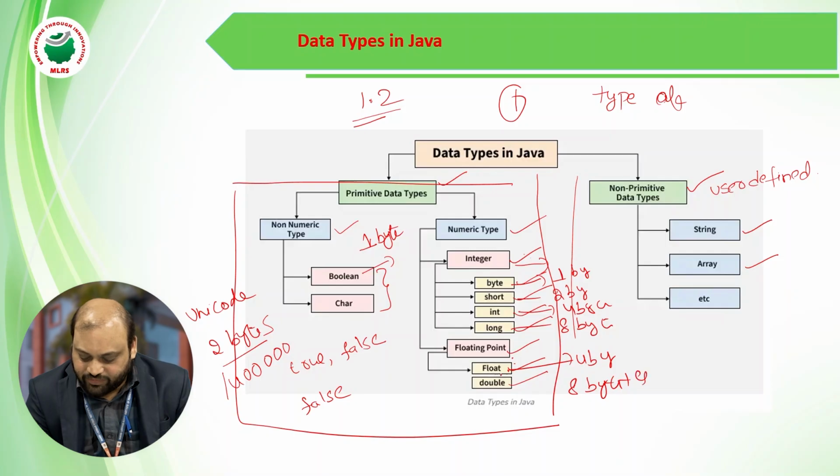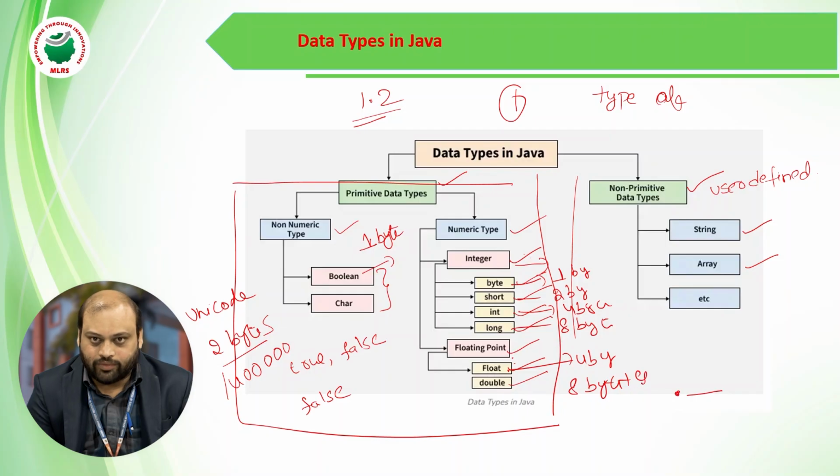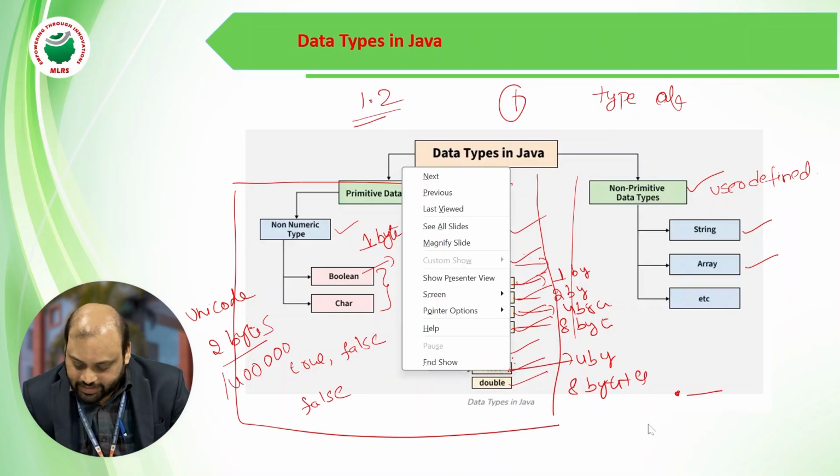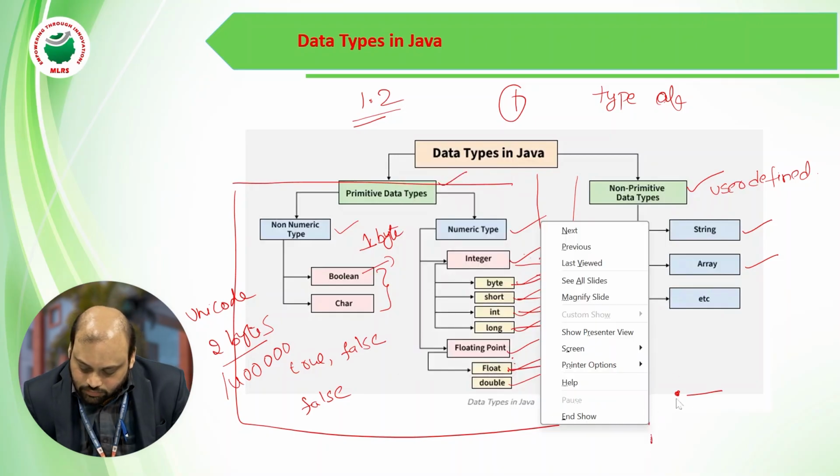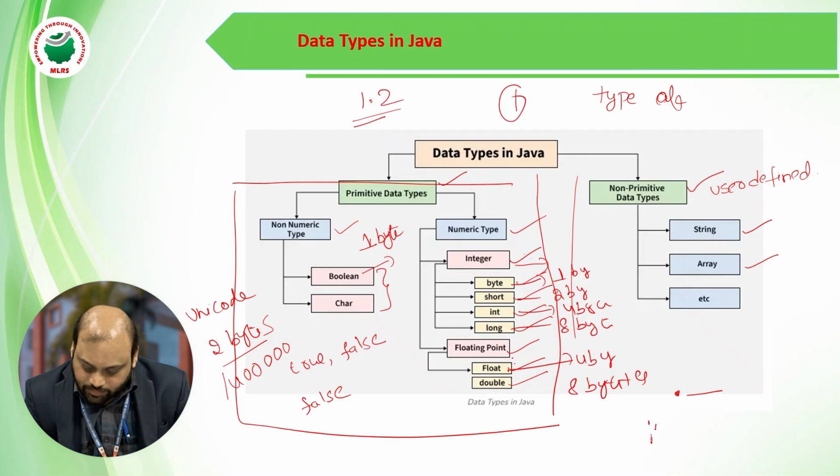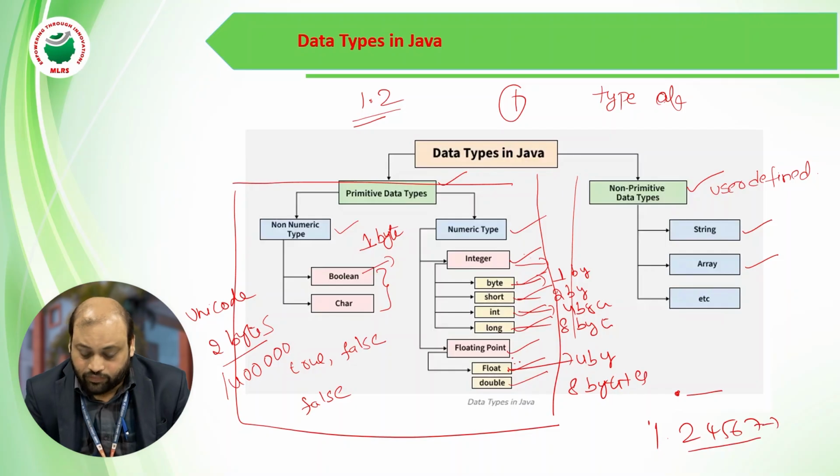What is the difference between float and double? Float is single precision, meaning how many values you can store after the decimal. Float allows only about 5 to 6 values after the point, like 1.2456. Double is double precision, and we can store up to the maximum range.